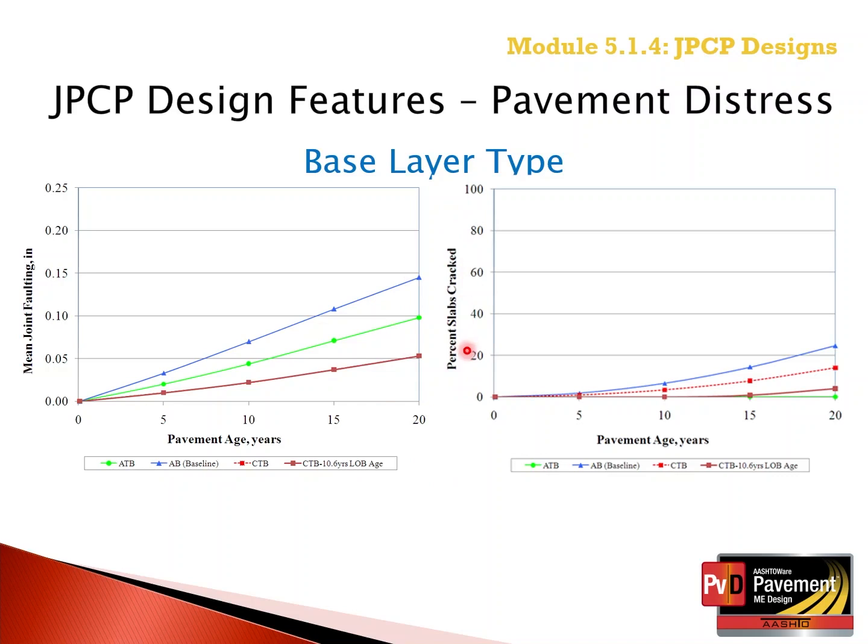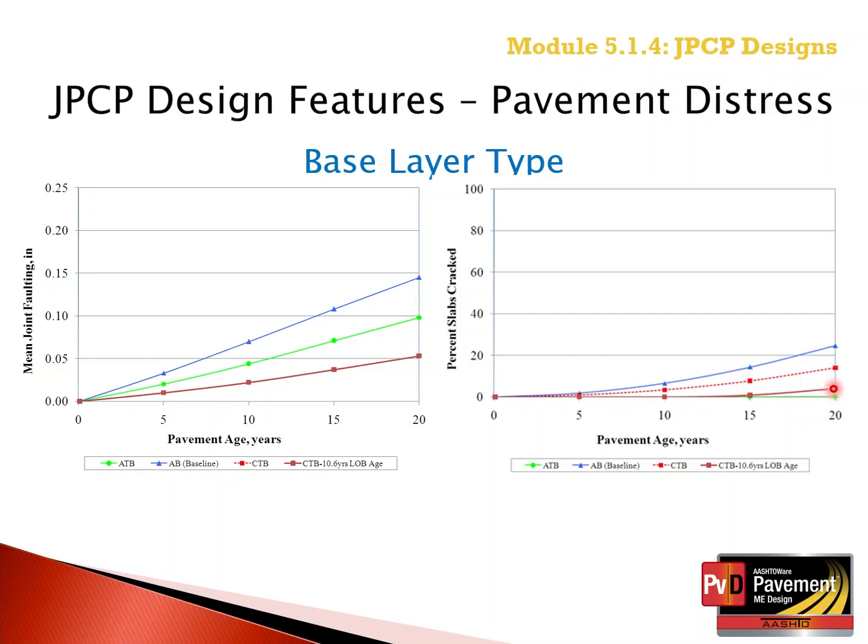Percent cracked slab, shown on the graph on the right, versus pavement life throughout the design life, shows a difference in cracking. The difference is not as great as some of the other design features, but the blue represents the aggregate base. The dashed red is the cement treated base.